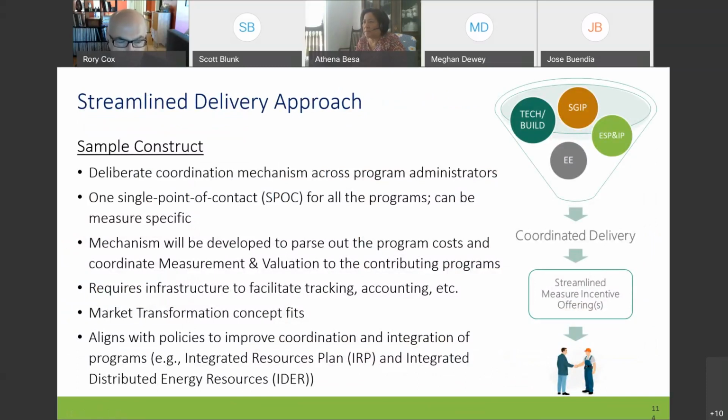I think the non-IOU presentation talked about perhaps a singular administrator who then takes care of every person's and every entity's concerns, but that when it comes to the customer, they streamline it. Part of our guiding principles is to make it easy for the customer. It's about the customer. Without the customer participating, all our grand plans go to nothing. So we really need to facilitate them and the contractors.